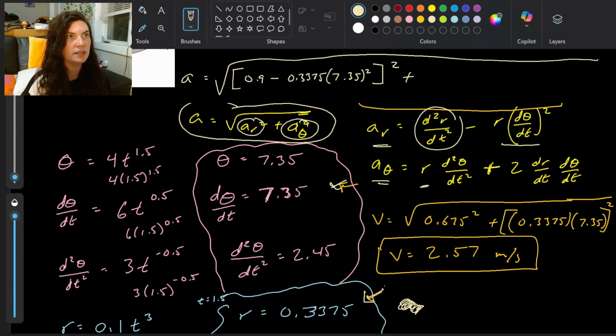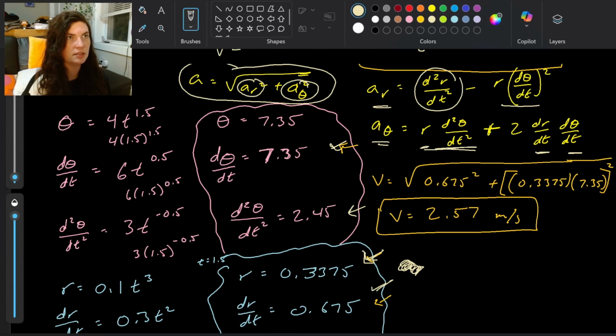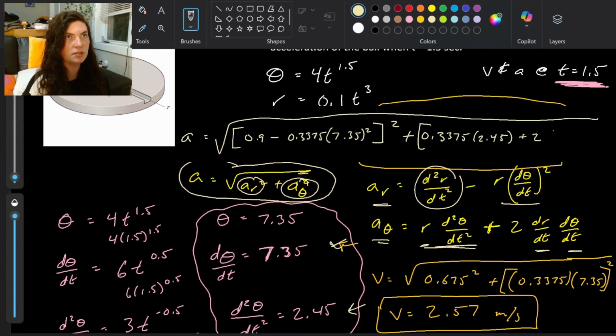Plus, our radius r, that's the big brackets again, 0.3375 times the second derivative of theta, times 2.45, plus 2 times dr d theta. 2 times dr, that dr is 0.675. 2 times 0.675 times theta dot, again 7.35.